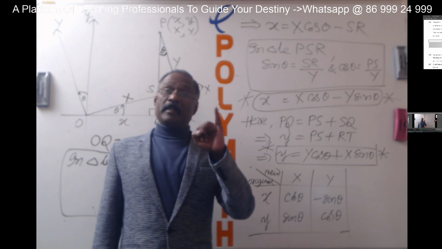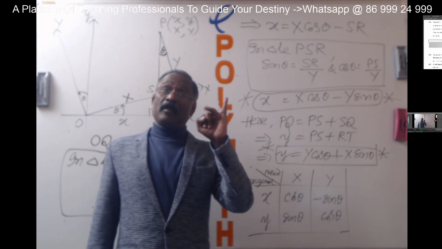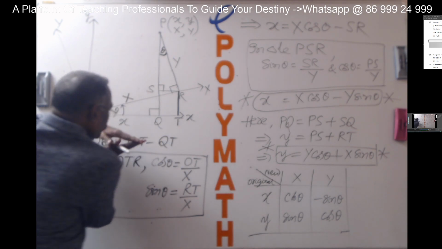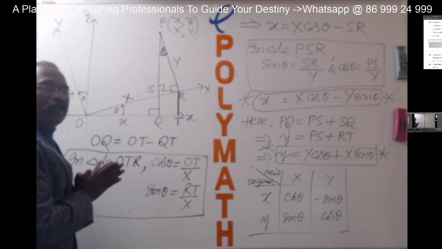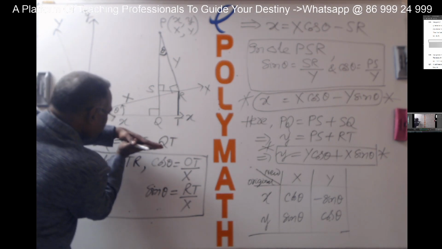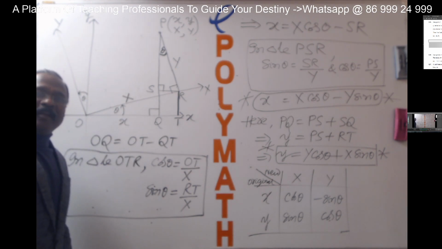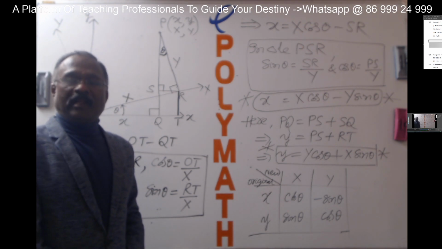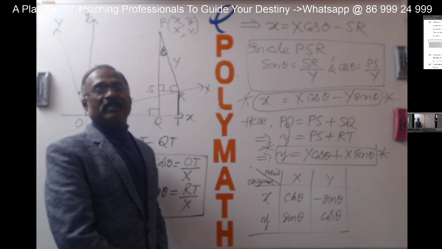In x square plus 2hxy, the 2hxy term is to be removed. To remove the xy term, what rotation is to be made to the axis is our further learning here.